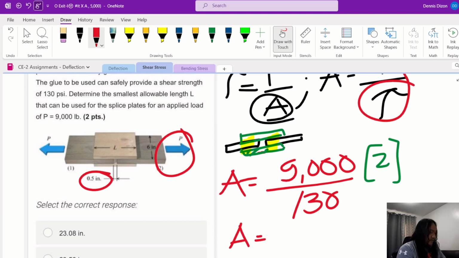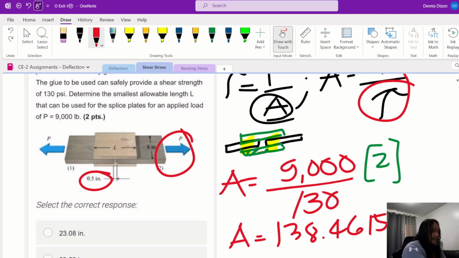So this is 138.4615, or no, not millimeter, inch squared.